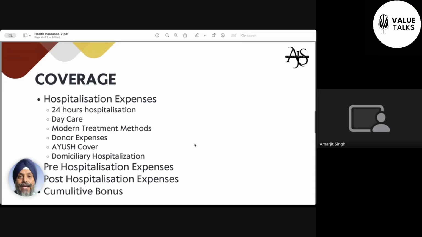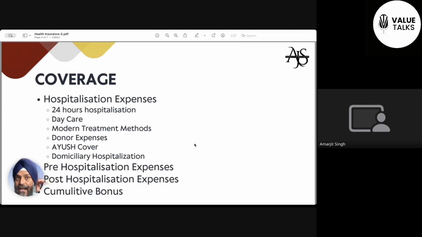Now, when we buy these policies, what all things are these policies going to cover? One is hospitalization expenses. The general condition is that 24 hours of hospitalization is mandatory. But there are daycare procedures where less than 24 hours hospitalization is also allowed.